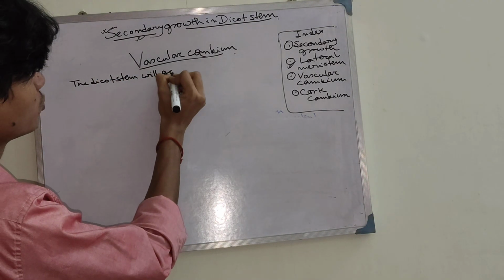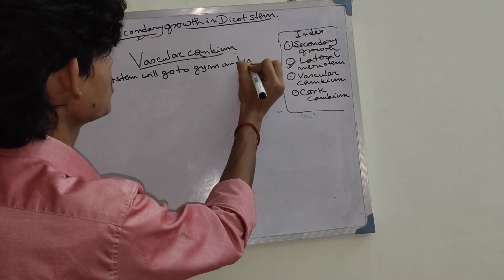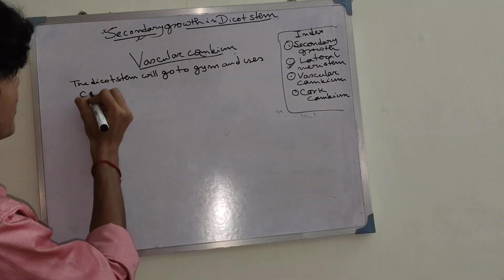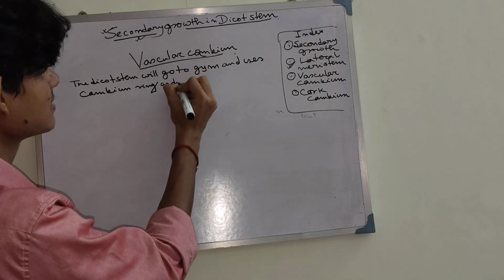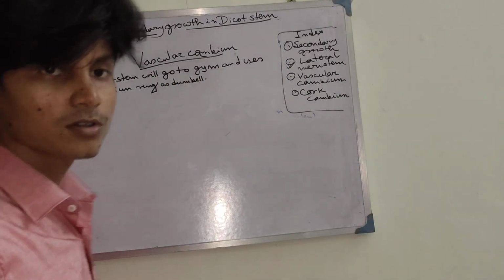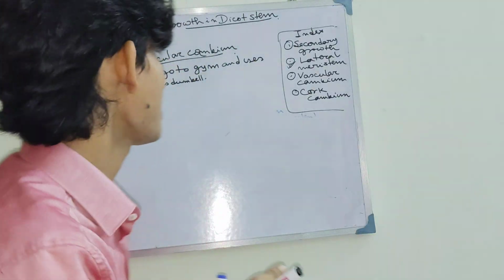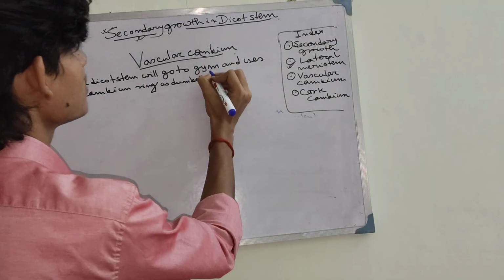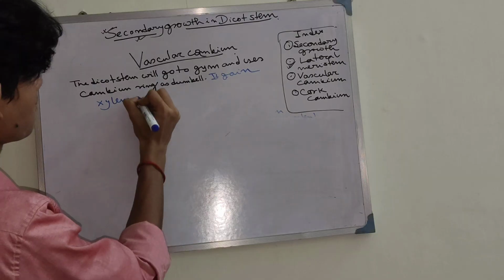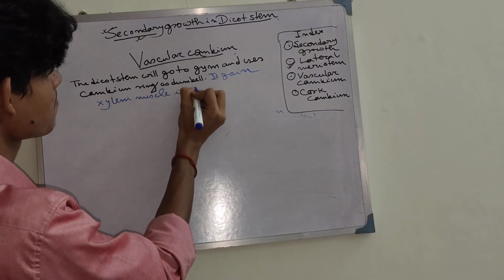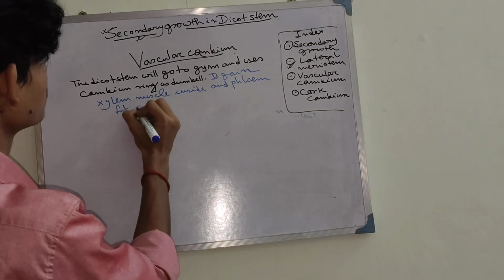The dicot stem goes to the gym and uses the cambium ring as a dumbbell, and it gains xylem muscle inside and phloem fat outside.